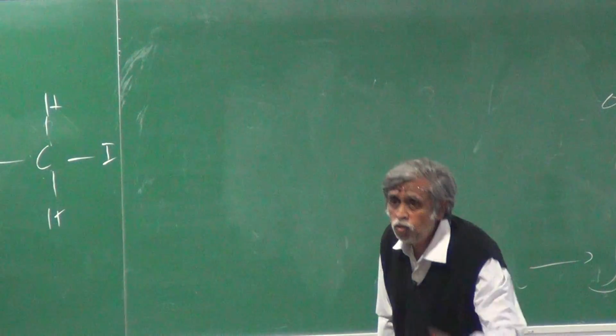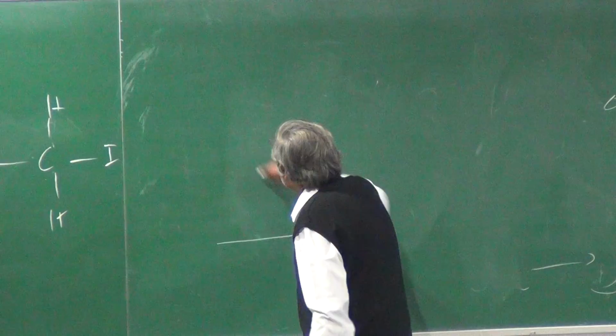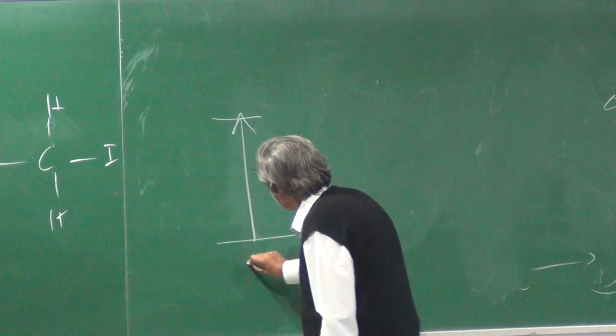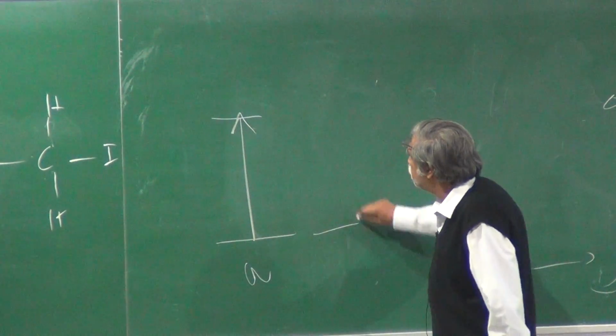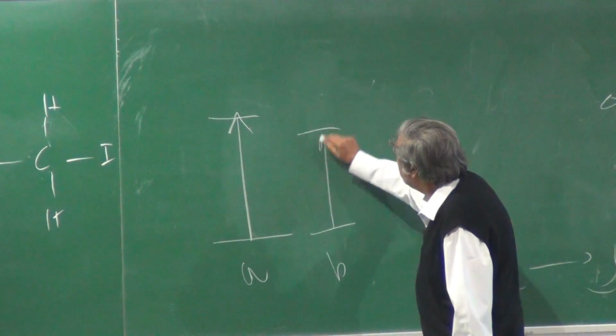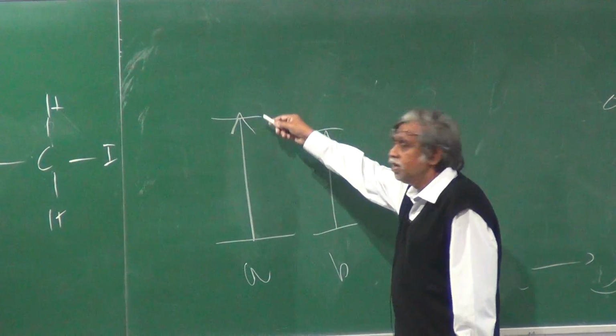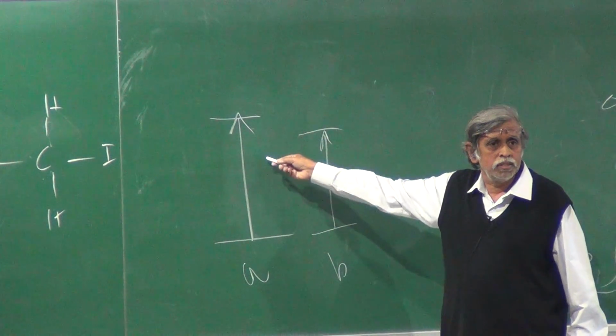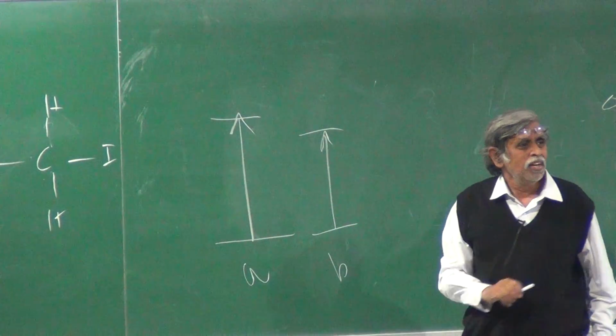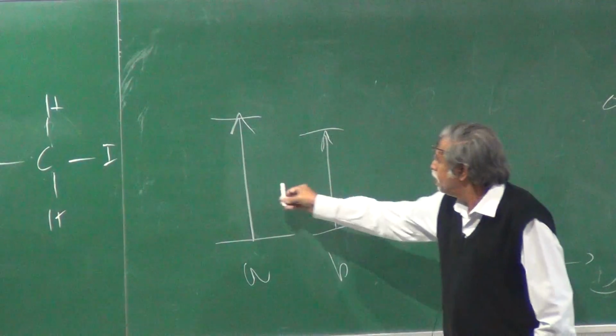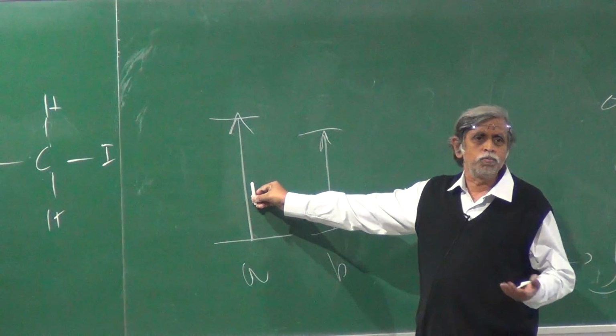Let's say I have 2 transitions. Molecule A makes this transition. Molecule B makes this transition. I shine light. A certain amount of intensity is absorbed by this, a certain amount by this, and we know that if there are more molecules of this type, there is more absorption here.